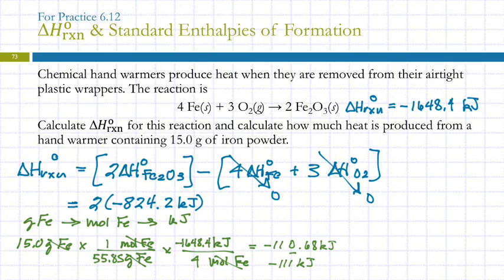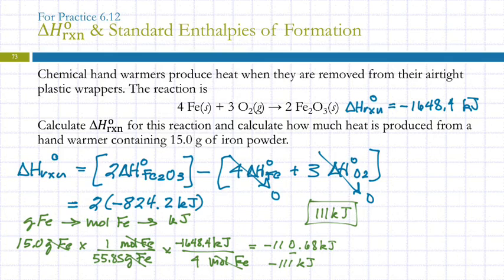But it's like if I ask you, how much did that rock star cost? And you say, negative $3. What, they paid you $3 to take it? No, it costs $3. So here we're not going to put the negative, and we're going to say our answer is 111 kilojoules. That answers the question, how much heat is produced?